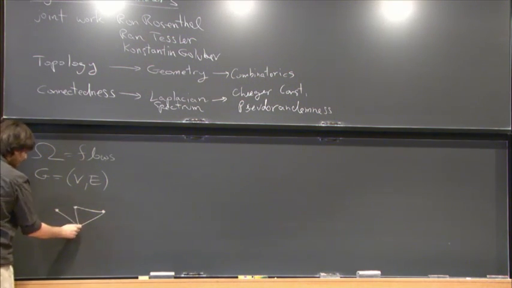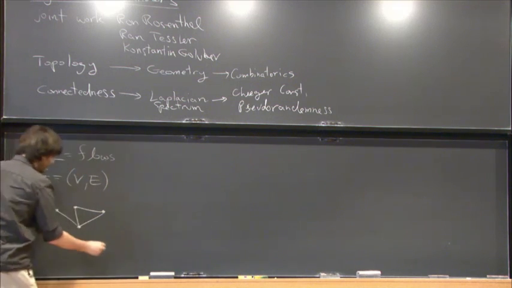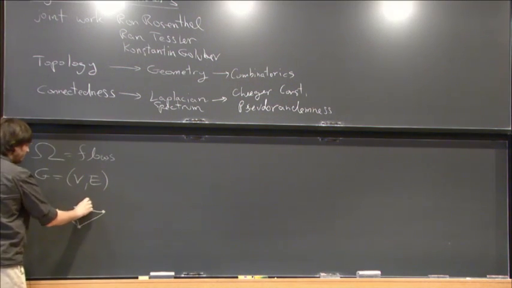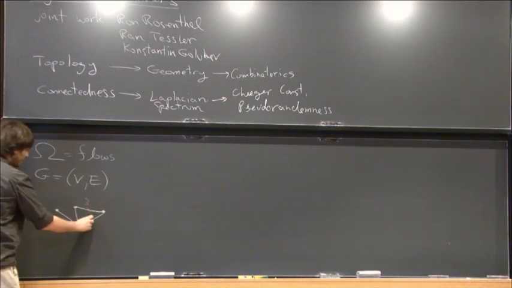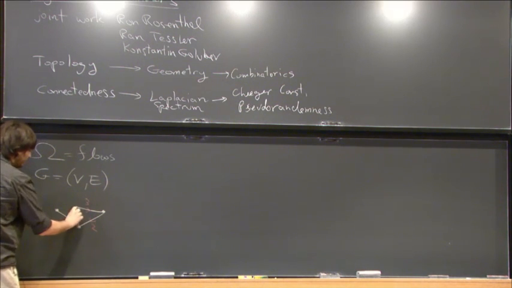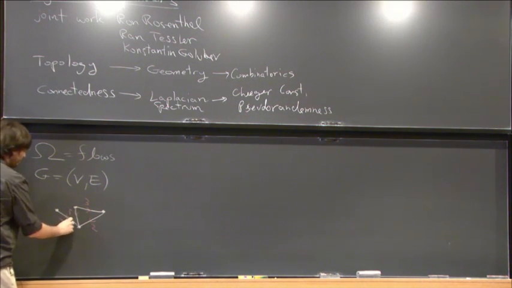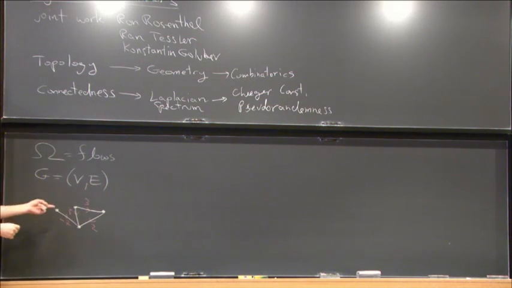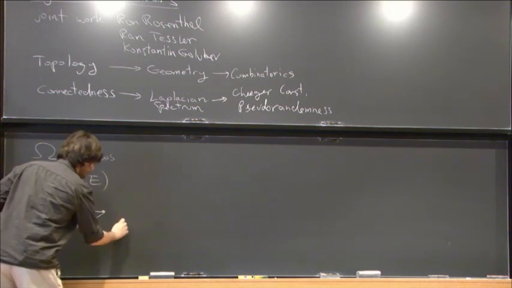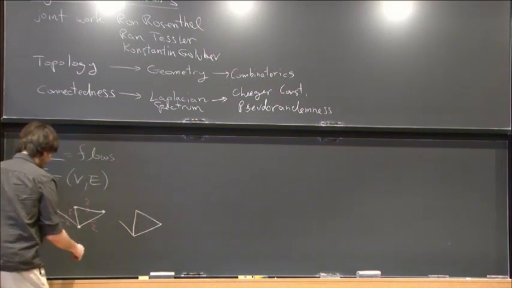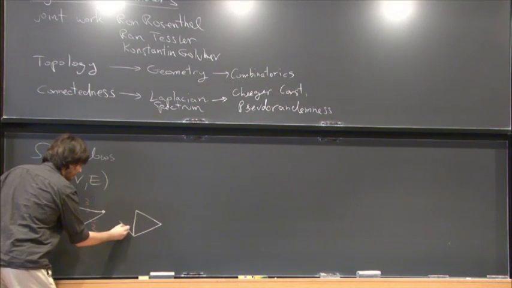If this is my graph, a flow is something like: here 3 goes in this direction, here 2 goes in this direction, 5 here. I can say -7 in this direction, and this is the same thing as 7 in the other direction.